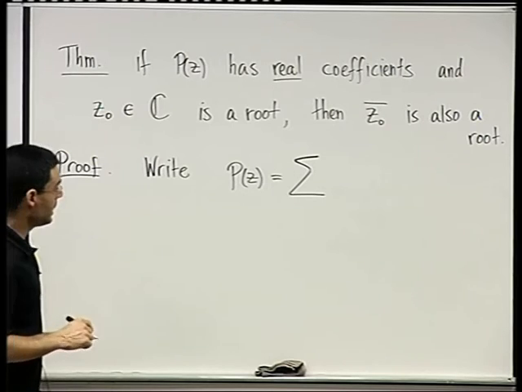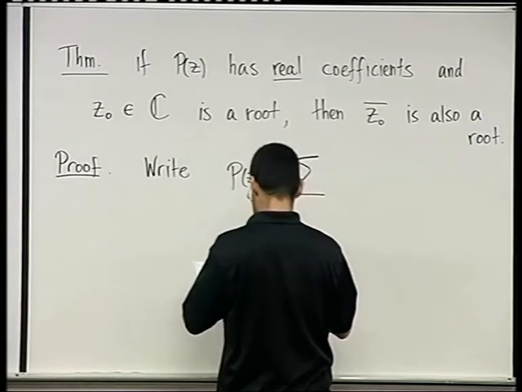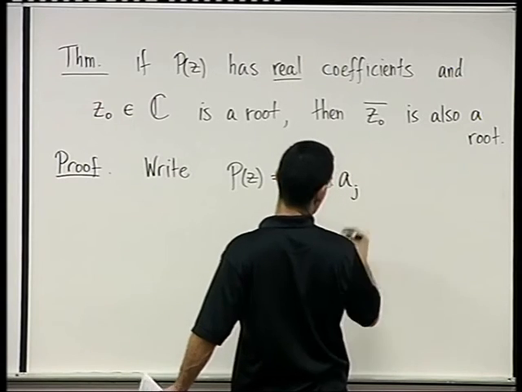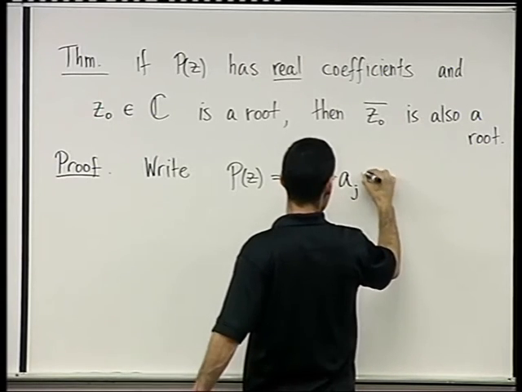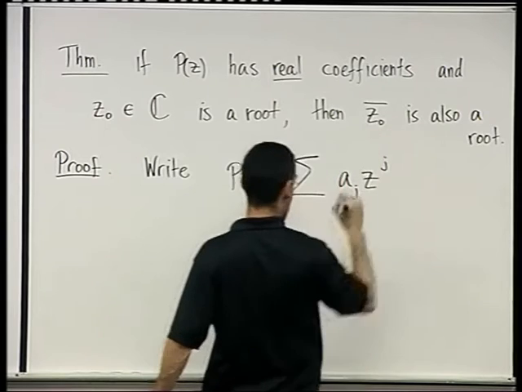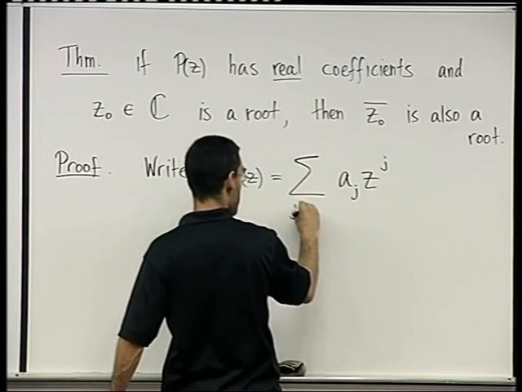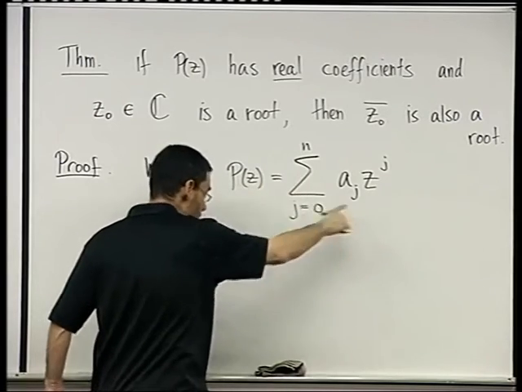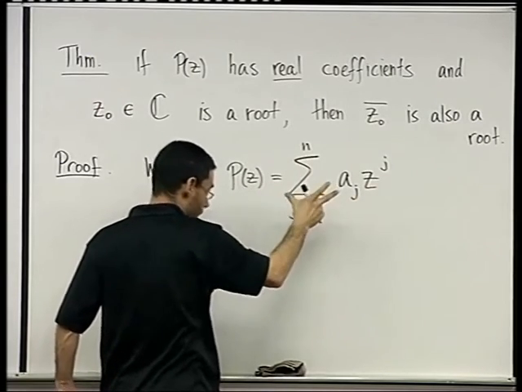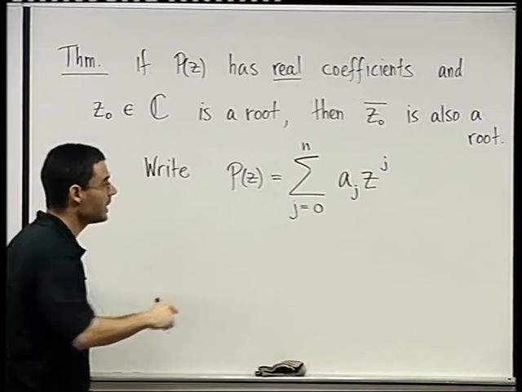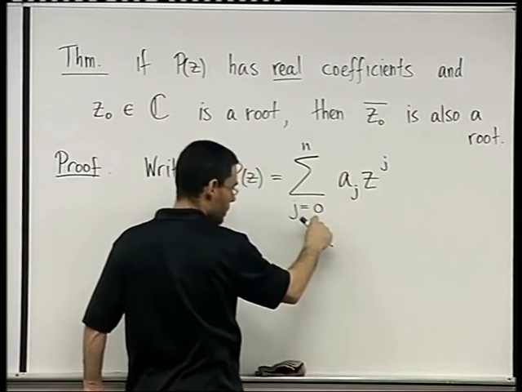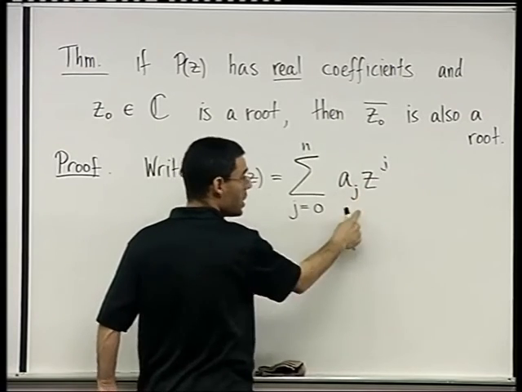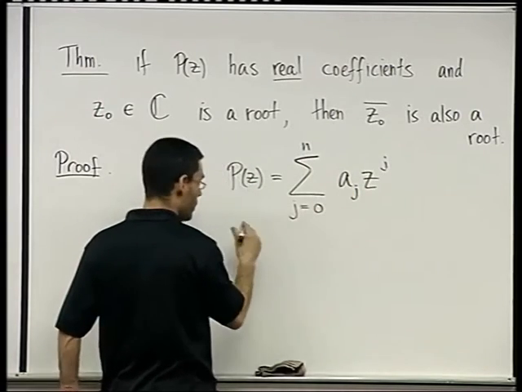The way to write a polynomial like this is sigma a sub j, let's call j the index, z to the power j, where j ranges from 0 to n. So this is just notation, a compact way of denoting the polynomial.